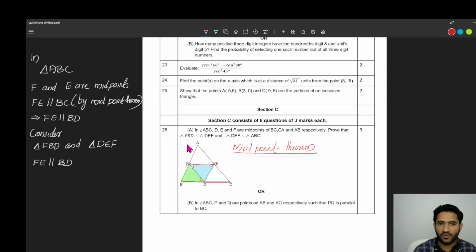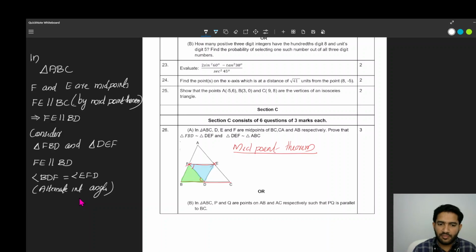Alternate interior angles are equal. So simply we can write angle BDF equal to angle EFD. The reason: alternate interior angles are equal.